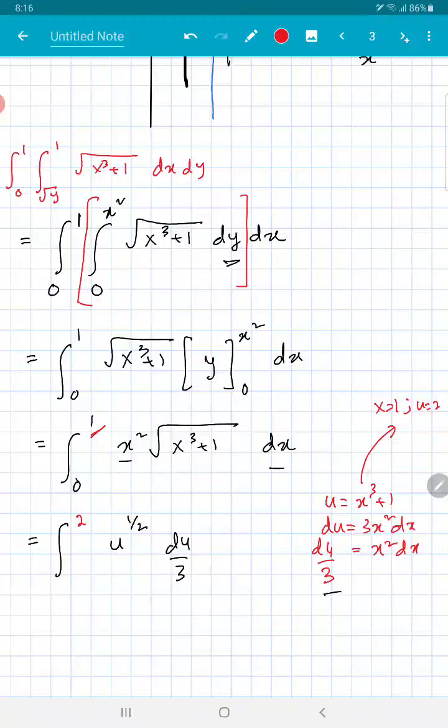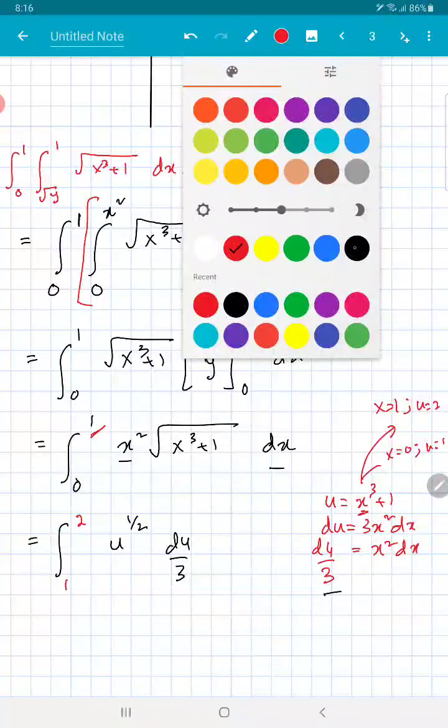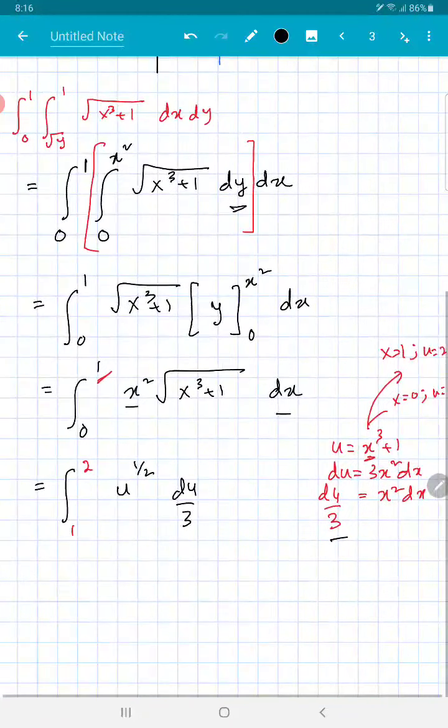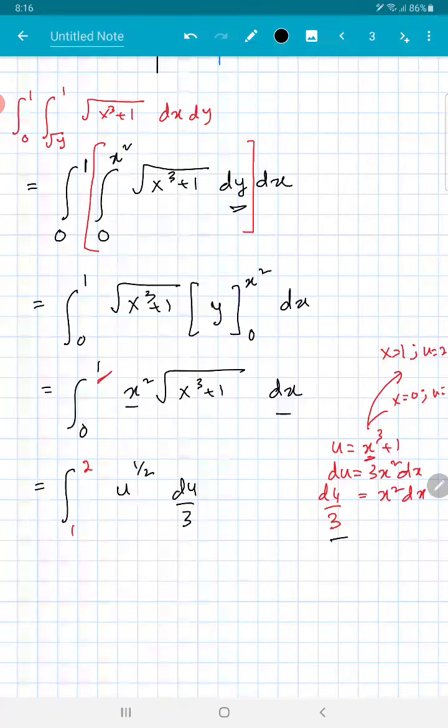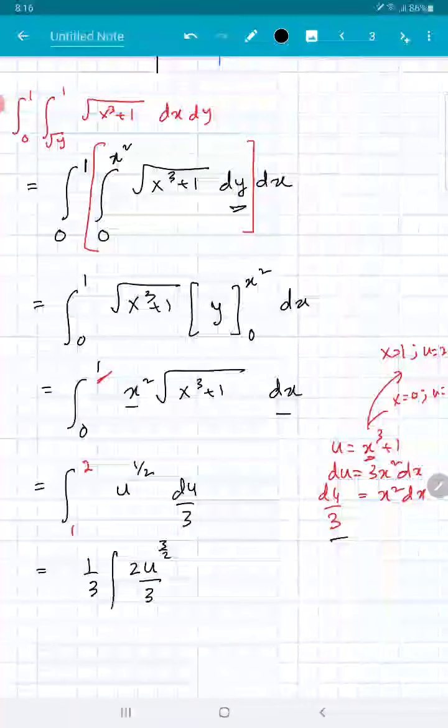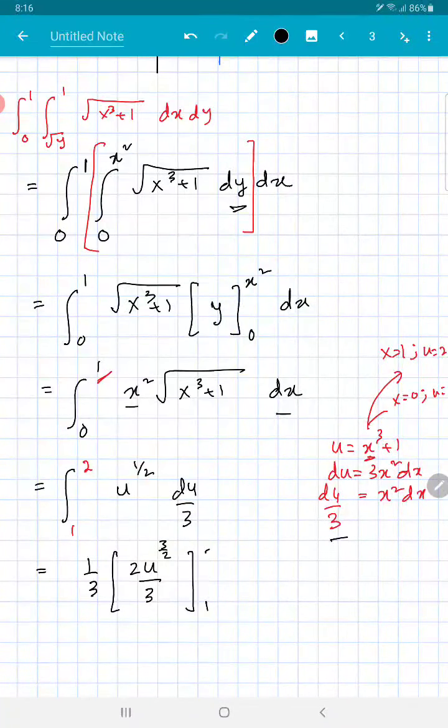The lower limit for x is 0. Again, when x is 0, replacing x with 0, we get u is 1. So that is the lower limit for u. You don't have to do this. You can always use the upper and lower limits for x, but then you have to change u back to x cubed plus 1. Now integrating u to the power of a half, that would give us a half plus 1, which is 3 over 2, and then replacing u with the upper and lower limits.